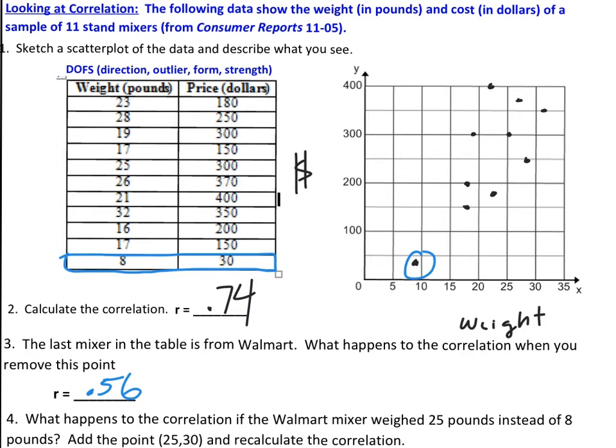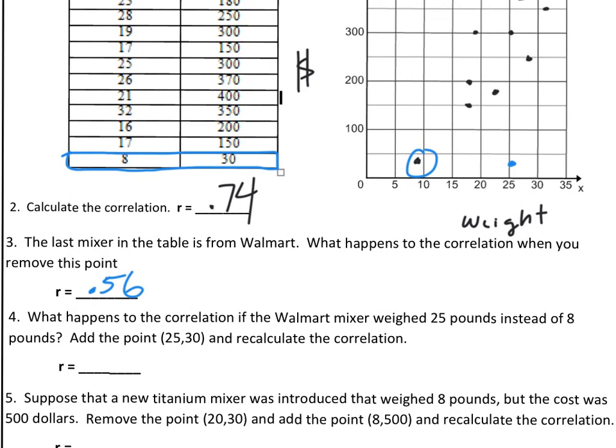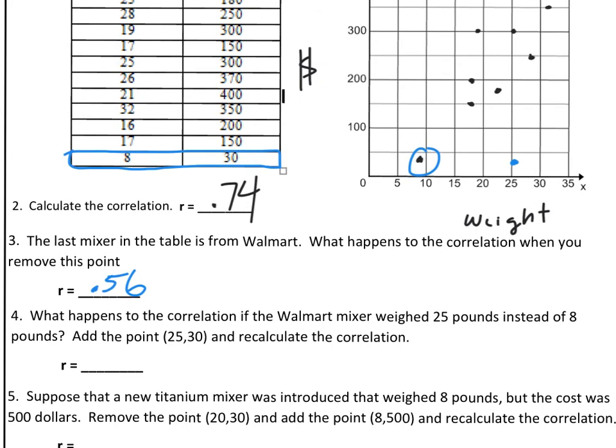Then it says, hey, wait a minute, in number 4, what if that mixer actually stayed at $30, but it weighed 25 pounds? What if it was over here? Again, if you kind of think about drawing in a line of best fit, you're like, looks like the association is going to get weaker still, okay? And it does.